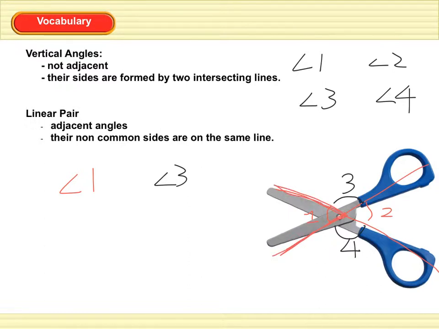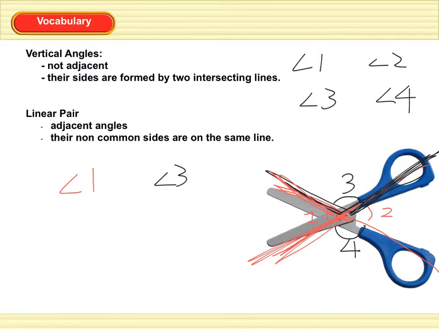And angle 3 is this black line and that black line. They have one side in common. You see the red and the black merge together here. But then there's one side here, that's the red, and then there's the black side on the other side. They're not the common sides.